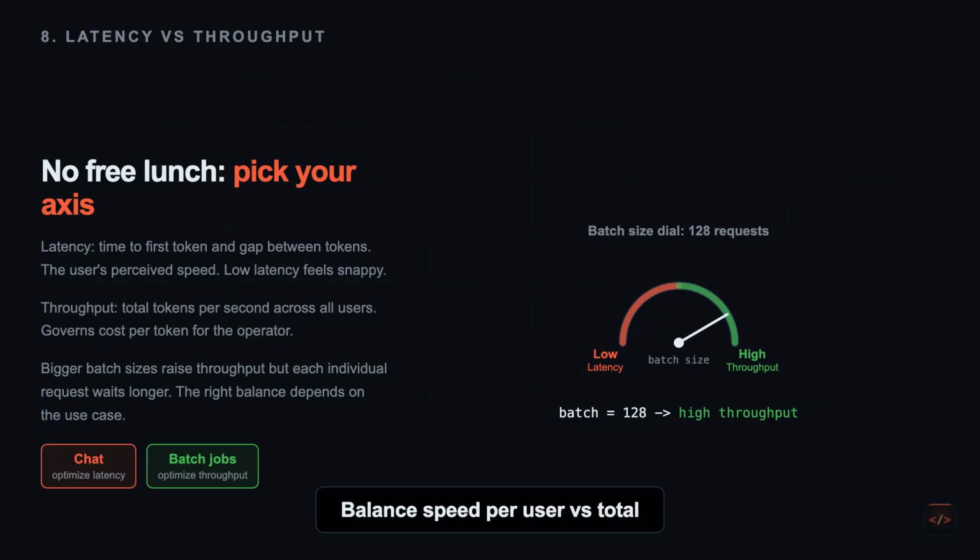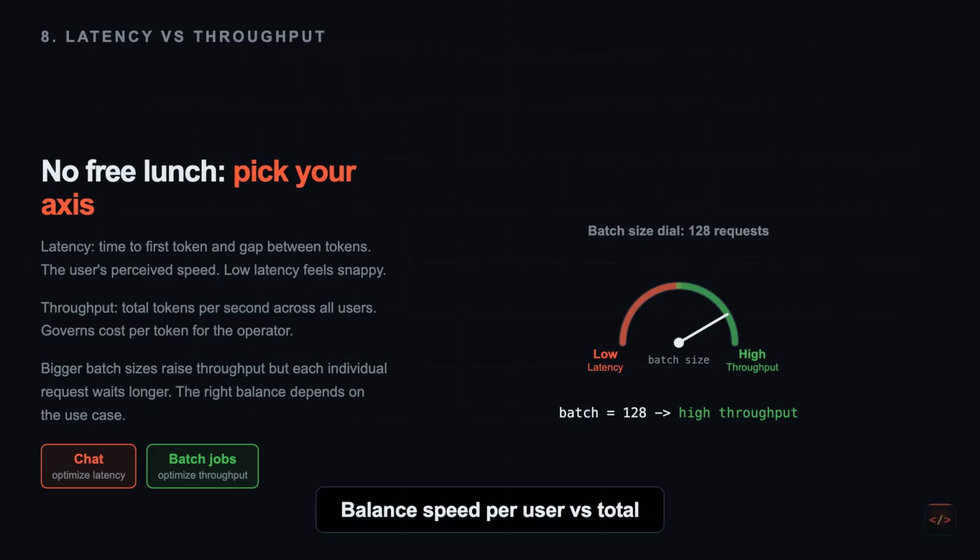Finally, the tension that shapes every serving decision: latency versus throughput. Latency is how fast one user gets their answer, often measured as time to the first token and the gap between tokens. Throughput is how many tokens the whole system produces per second across all users. These pull against each other.